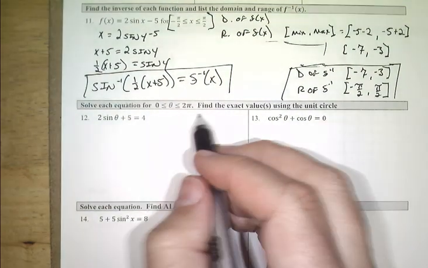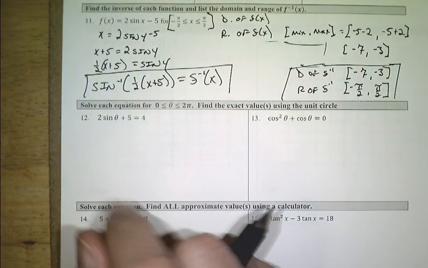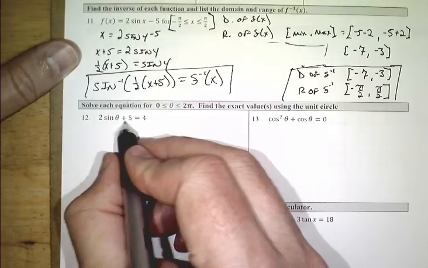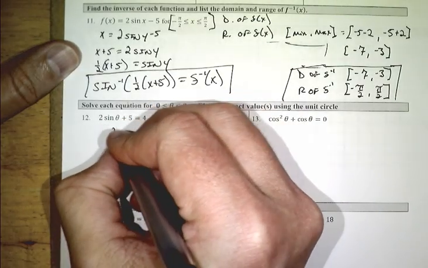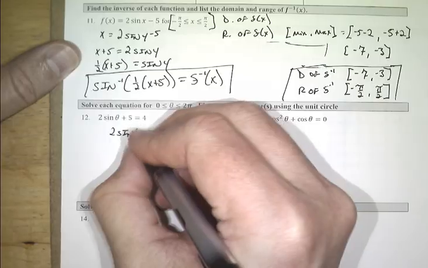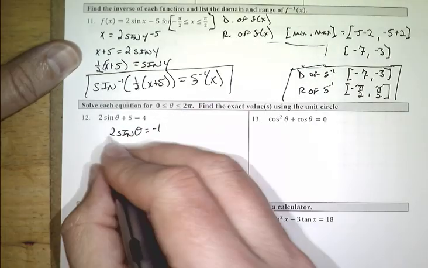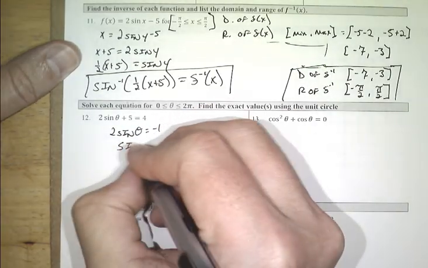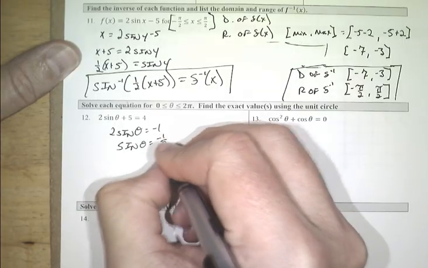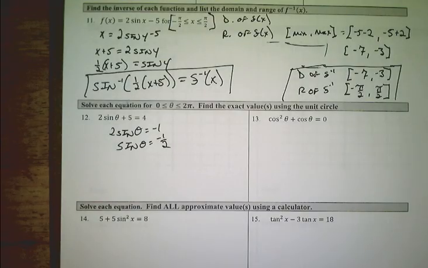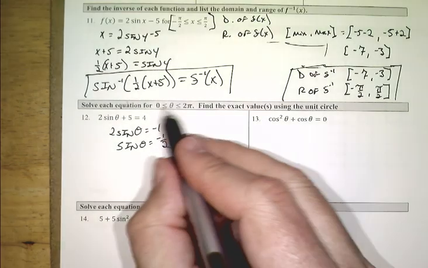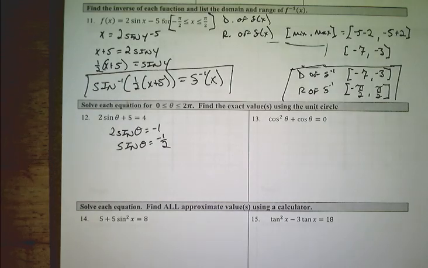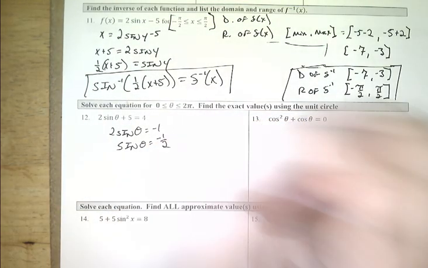Solve the equation for 0 to 2 pi. So this one, we're going to start by subtracting 5 from both sides, and we get 2 sine theta equals -1. Divide both sides by 2. Sine theta equals -1/2. So between 0 and 2 pi on the unit circle, when is sine of theta -1/2?